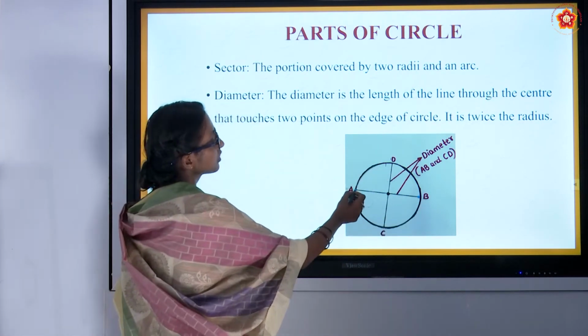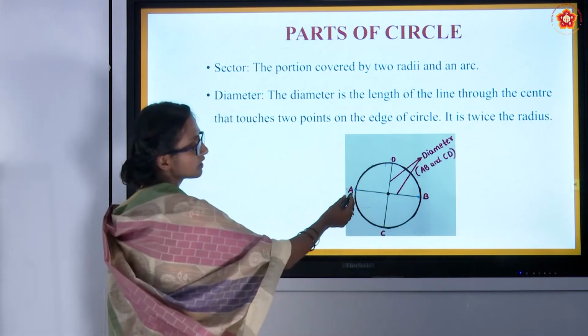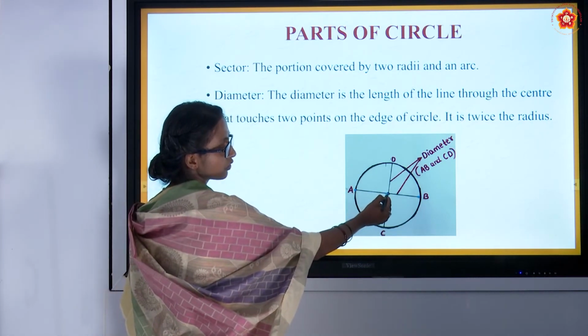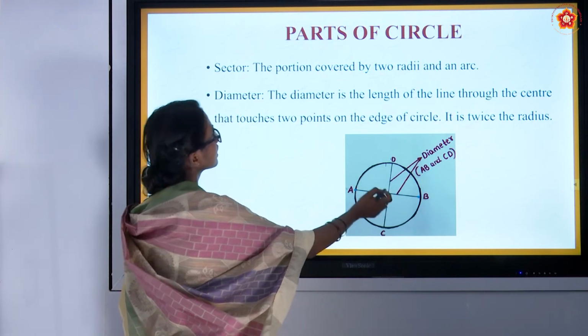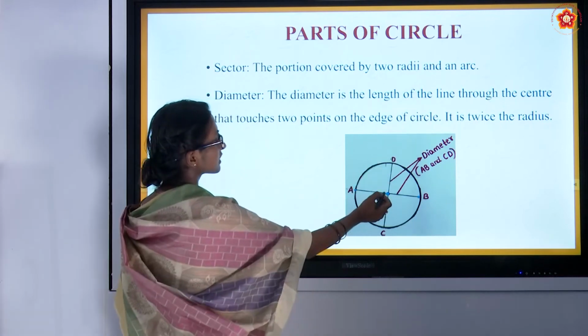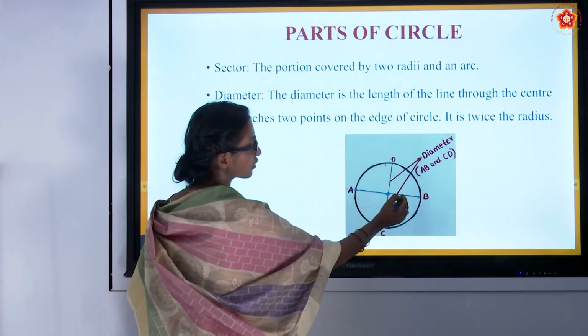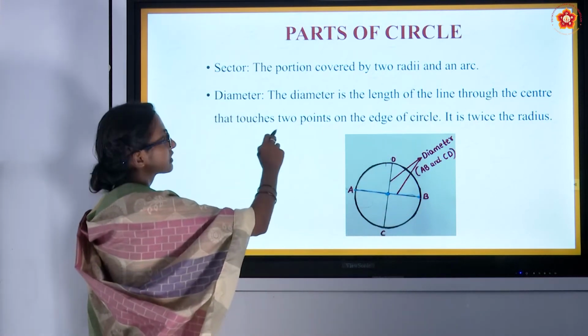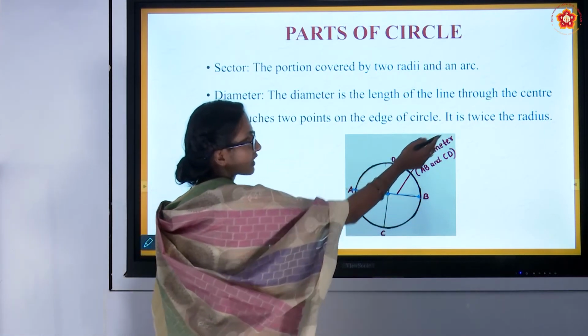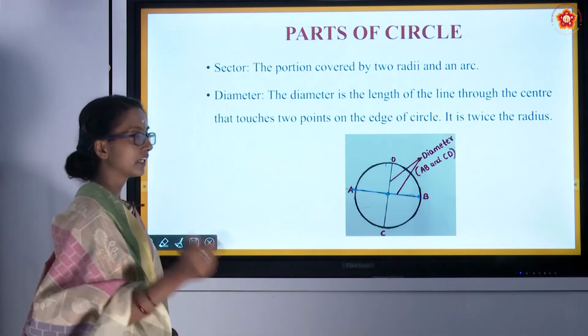So, the line which cuts the circle in half is said to be the diameter. It moves through the center of the circle and touches 2 points on the edge of the circle. It is twice the radius.